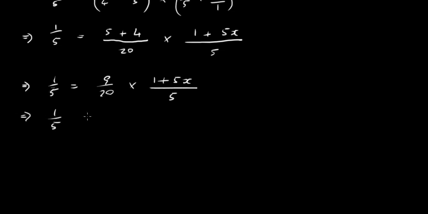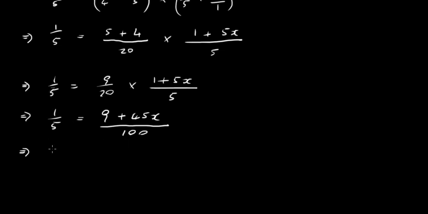Next line then we have 1/5 is equal to, multiply top by top, bottom by bottom, 9 times 1, 9, 9 times 5, 45x, 5 times 20, 100. So what we're going to do next is just multiply left and right by 5 times 100, or 500. Or because we have a fraction equal to a fraction, you can just cross multiply. It's the same thing.